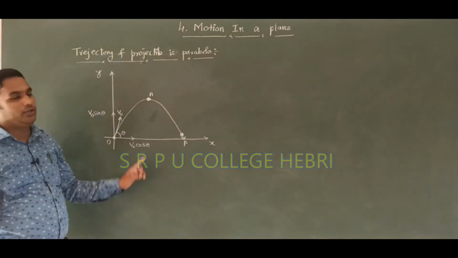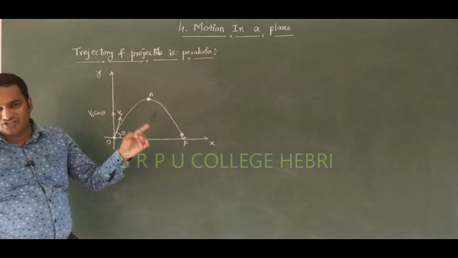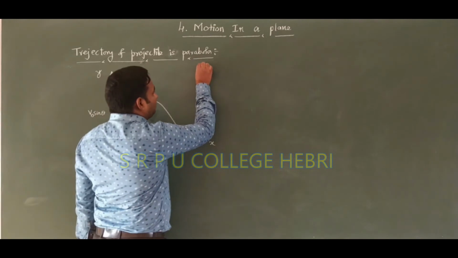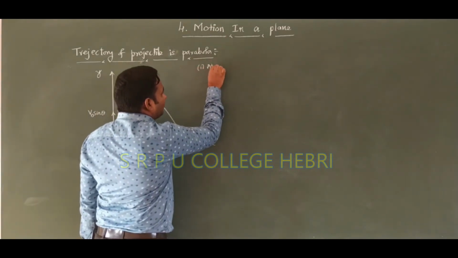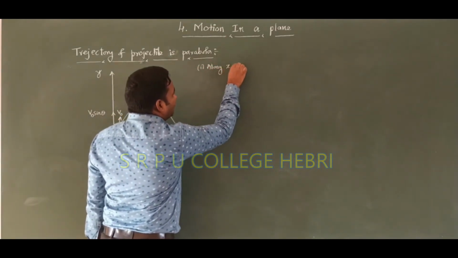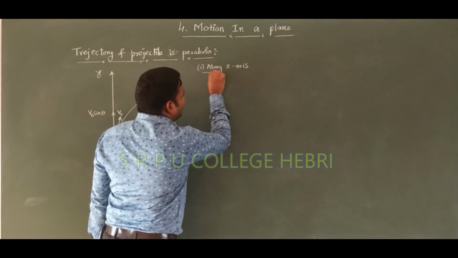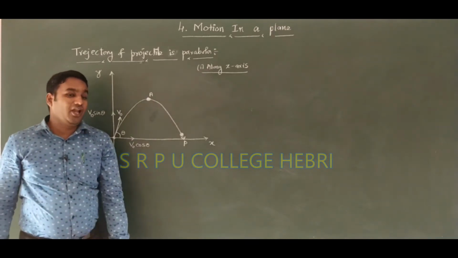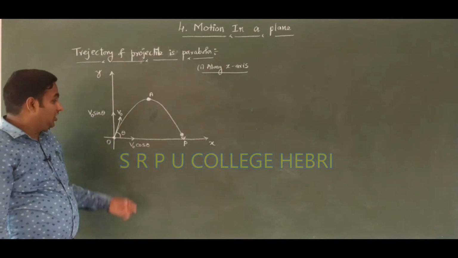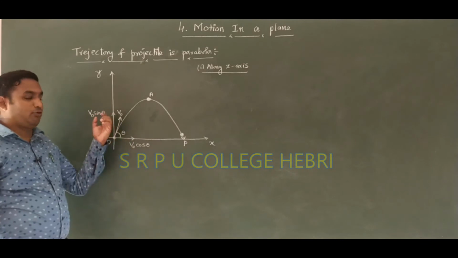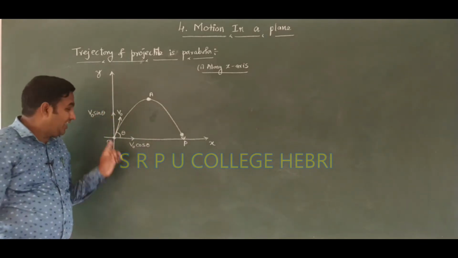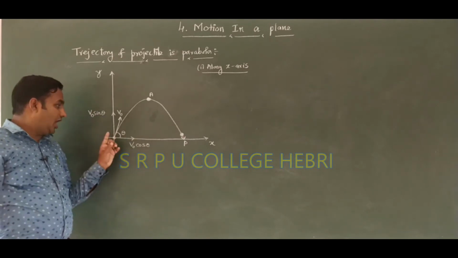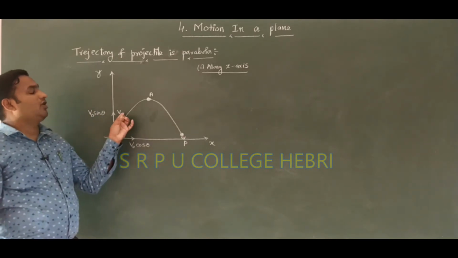And you have to think about two important parts: one along the x-axis and one along the y-axis. First you have to think about along x-axis. Initial velocity of the projectile or particle along x-axis is V naught cos theta, because at this particular point it got an initial velocity V naught.